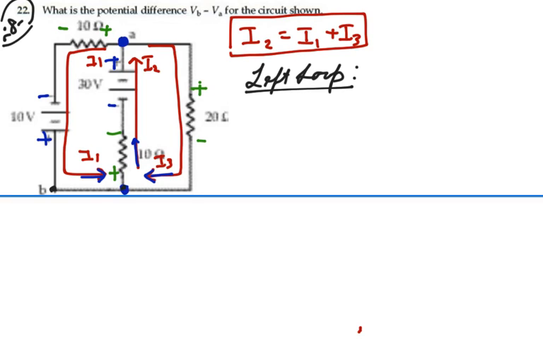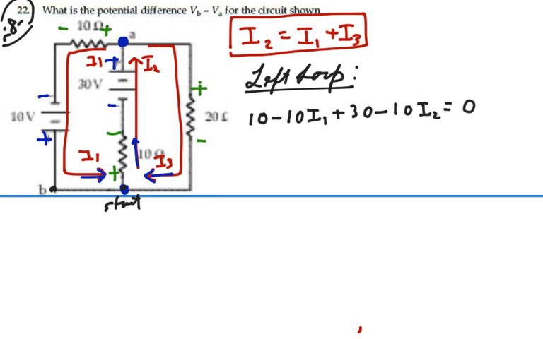And choosing a starting point, let's go clockwise around this left loop. So I'll enter that 10-volt battery. I have 10 volts minus 10 I1 plus 30 minus 10 I2 equals 0.